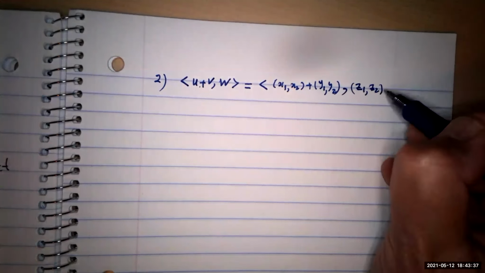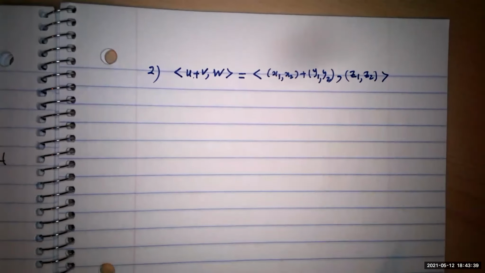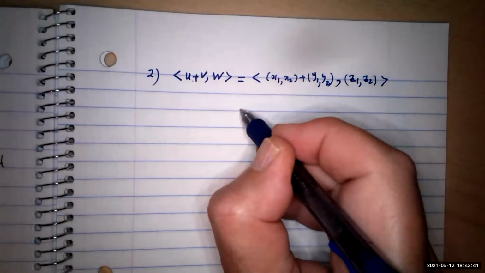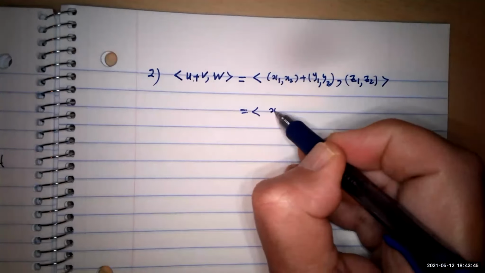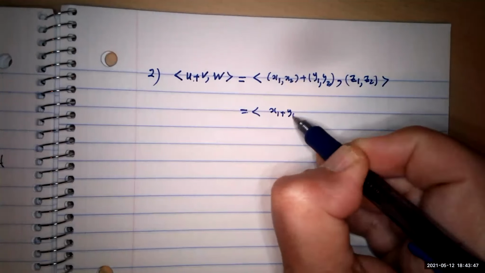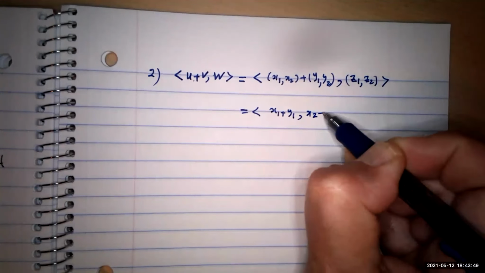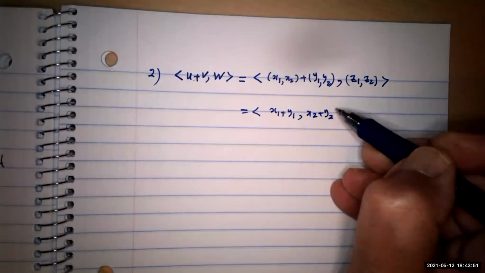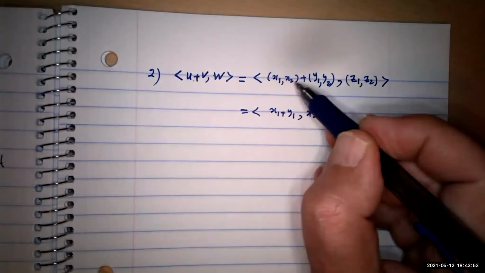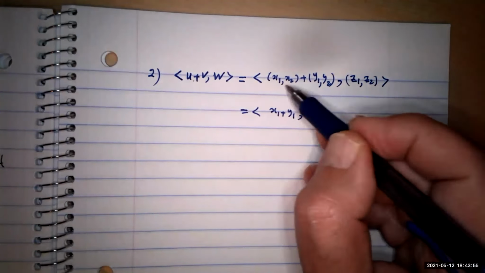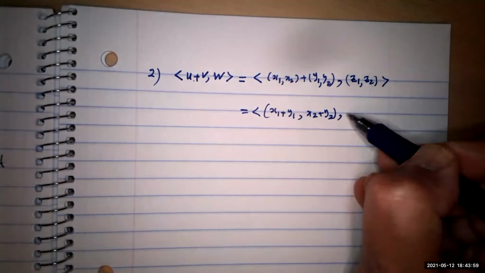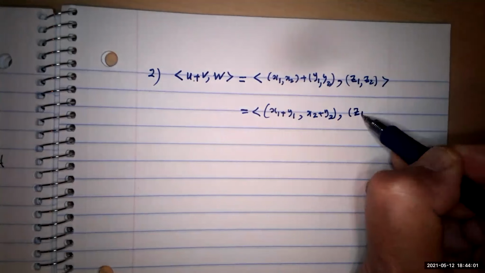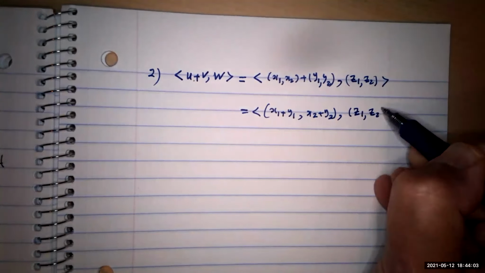Simplify this one a little bit. You know that it's just ordinary addition, so it's going to be x1 plus y1 comma x2 plus y2. You add them together, this is the new one, and then you have z1 comma z2.